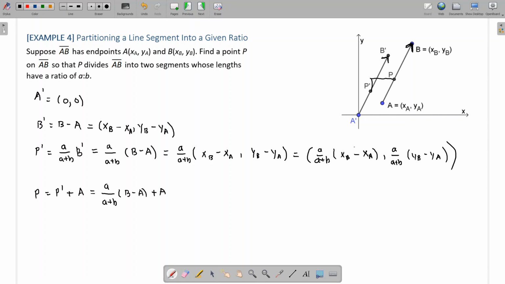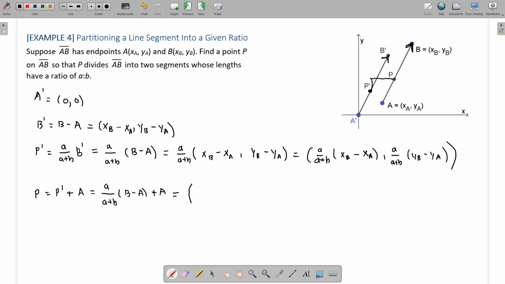So this is an ordered pair. It tells you how to generate the x-coordinate, how to generate the y-coordinate. And what this represents right now is just the coordinates for p prime. So to get the final answer, we have to take this point and we have to add the coordinates for a back in.